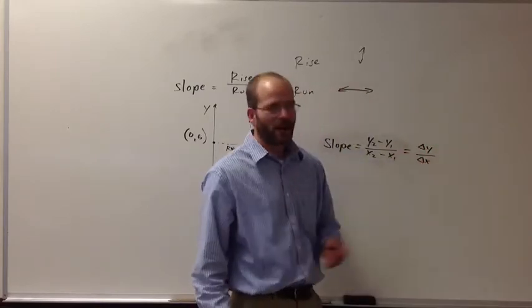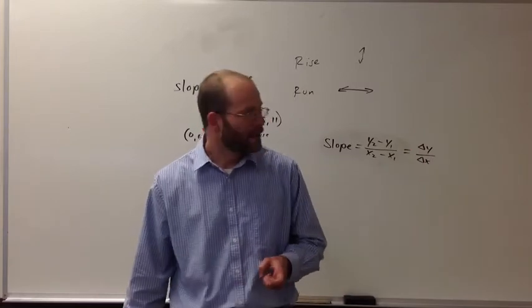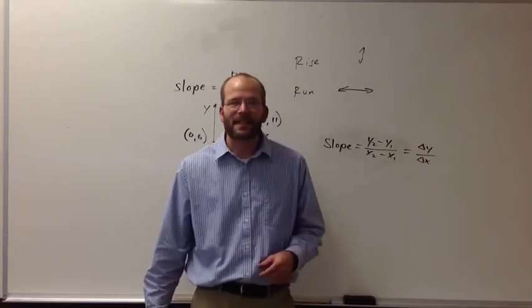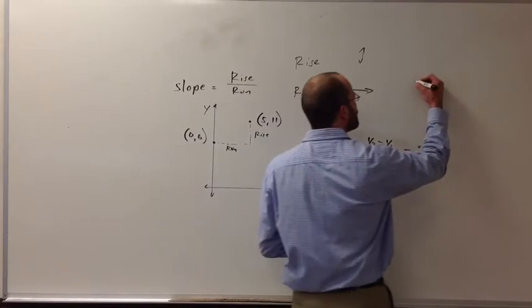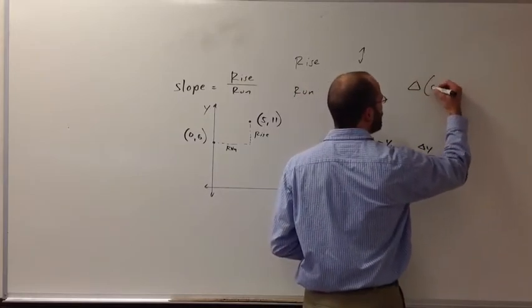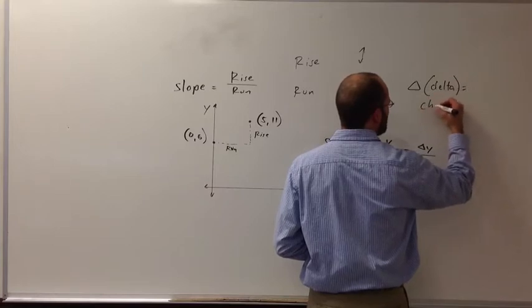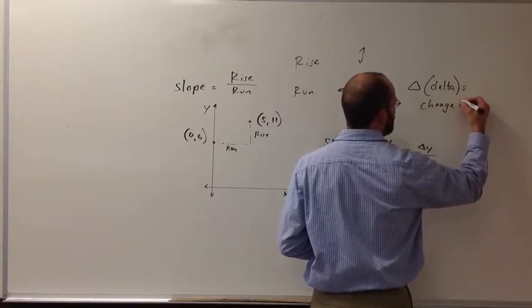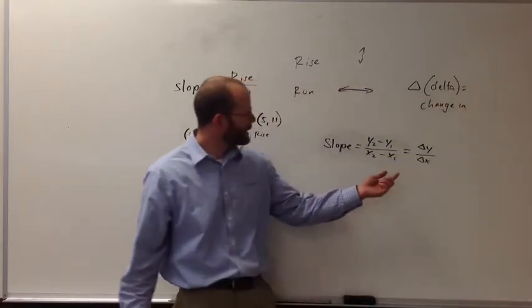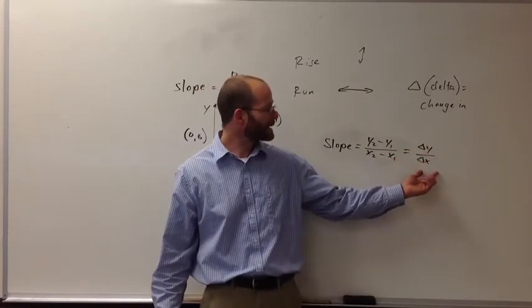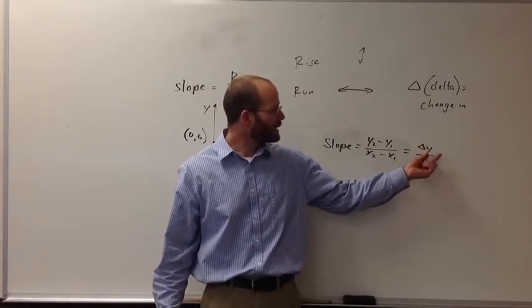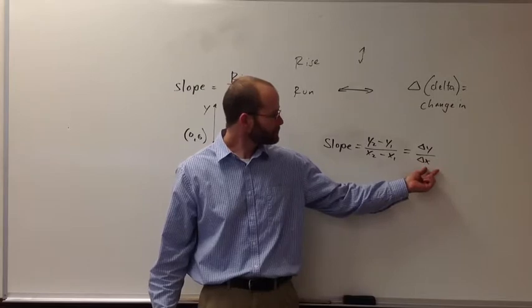That delta, it's a triangle, it's a Greek letter delta. And in mathematics and in science, it stands for change in. Delta is change in. So what this really says, when I talk about delta y divided by delta x, it says change in y divided by change in x.